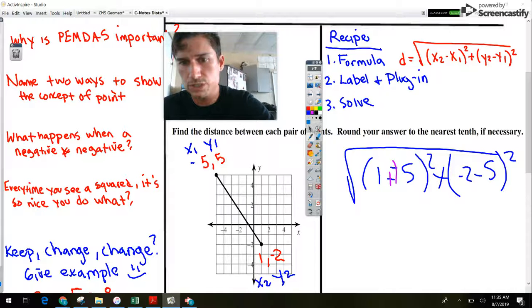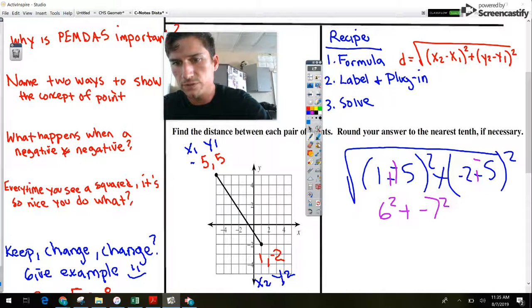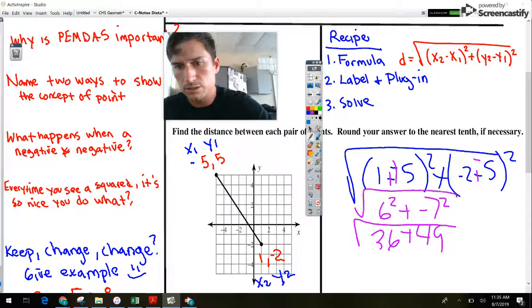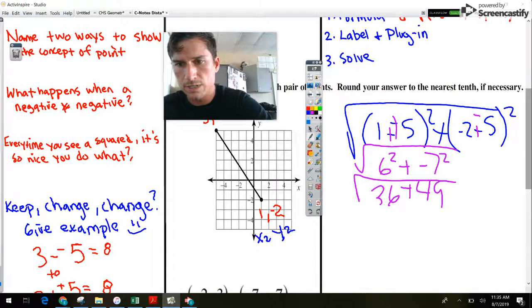Keep, change. So 1 minus 5, so we have 6 squared. And then keep, change. So that's negative 7. 2 negatives multiplied. So that's, I'll just show you, negative 7 squared, but then that's 36 plus 49, all under square root. 9, 6, 15, 7, so we have square root of 85.